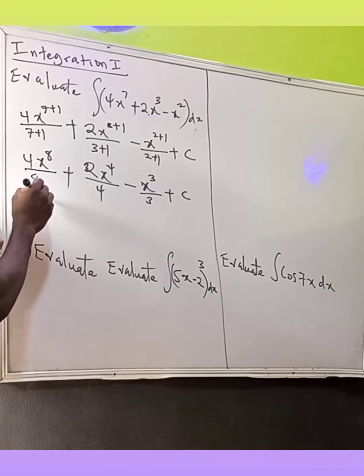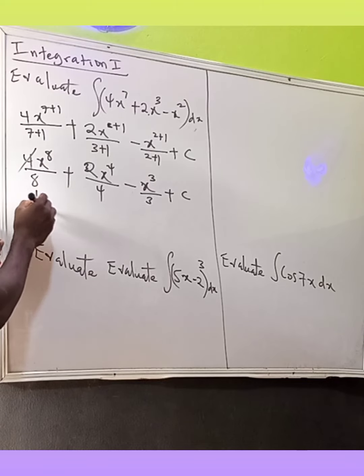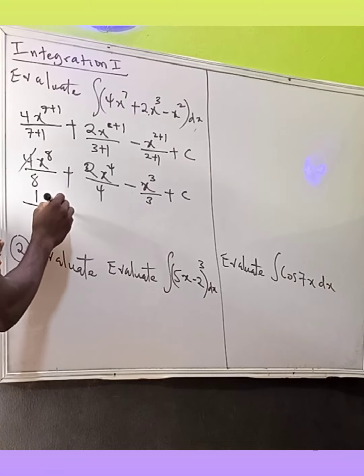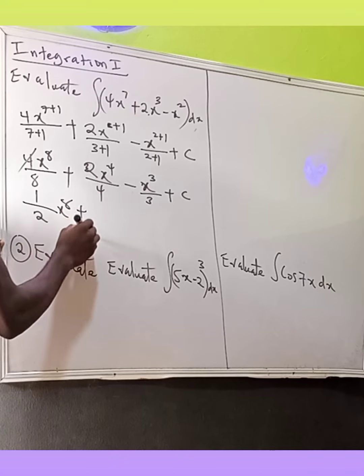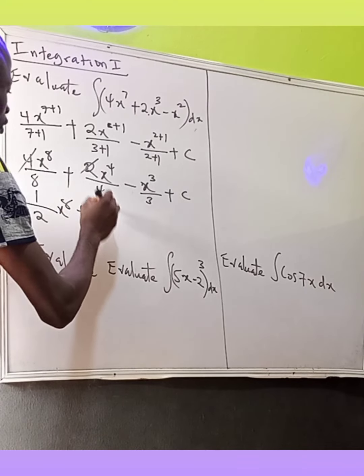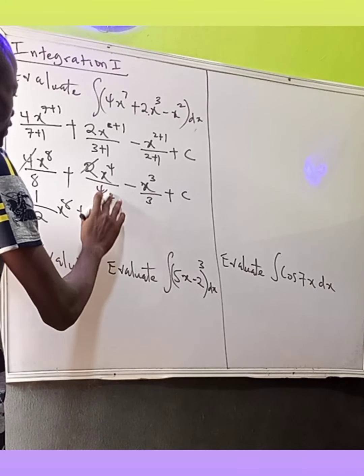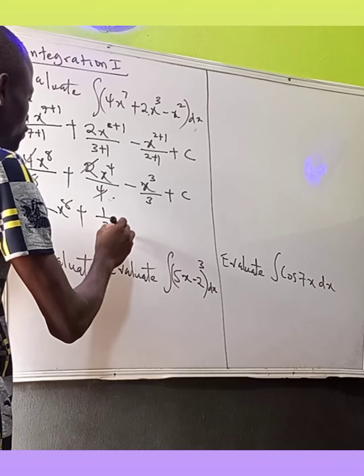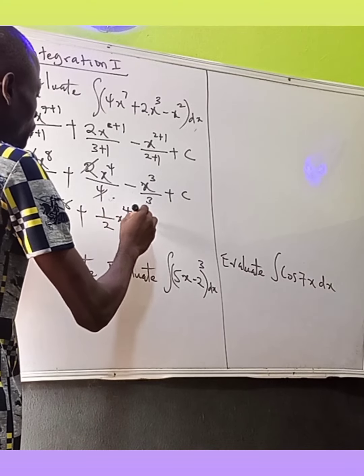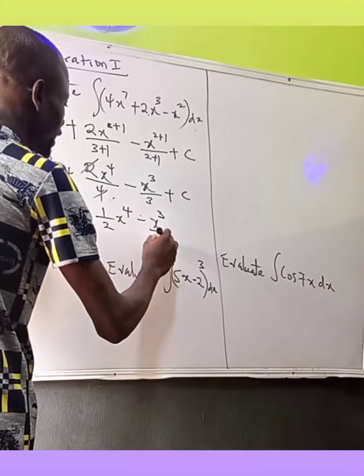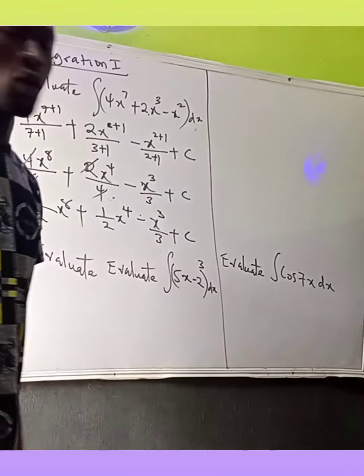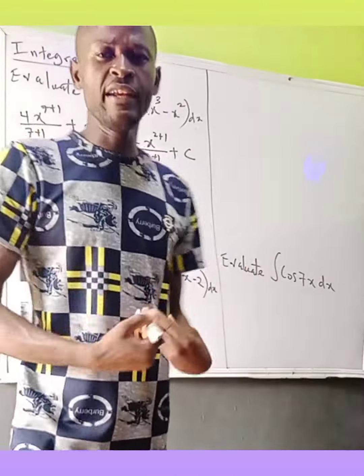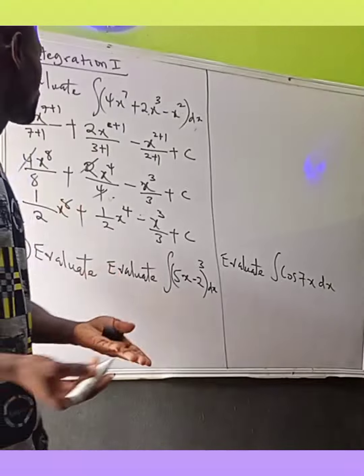Now this can reduce: 4 cancels itself, 1 over 2 x raised to power 8, plus 2 cancels itself, 1 goes to 4, 2. Are you seeing what we are doing? So we're going to have 1 over 2 x raised to power 8 plus 1 over 2 x raised to power 4 minus x raised to power 3 over 3 plus c. And the c is constant. You have been able to solve this, and this is called an indefinite integral.